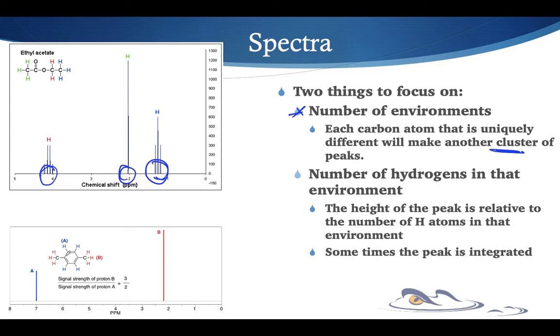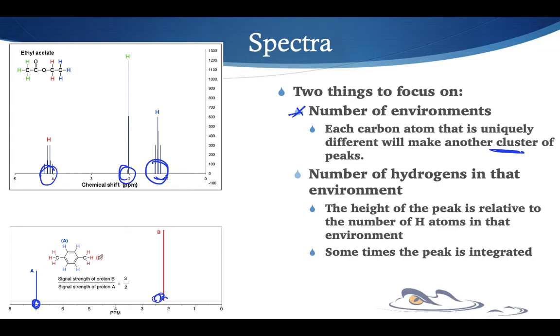Let's put our eyes down here at this molecule with this arene ring. Notice with this one that there's only 2 environments, right? There's one environment here, and then there's another environment there. Why only 2? It looks like there should be more places. You know, there's a lot more carbons that this is attached to.